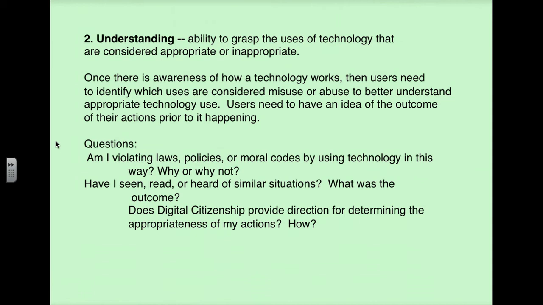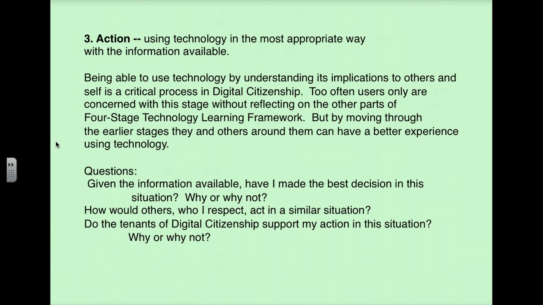And so we have an understanding that there are times when technology use is done correctly, and there are times when technology use is done incorrectly. And so now that we understand the definition and we understand the understandings, in other words, the parameters around the ideas of digital citizenship, now we can apply the correct action.